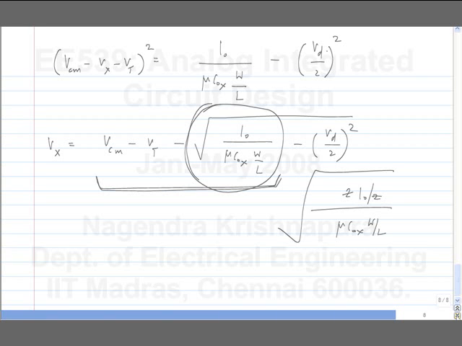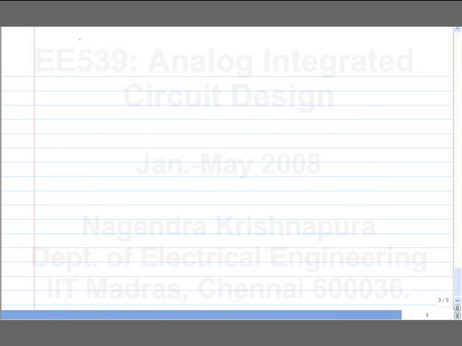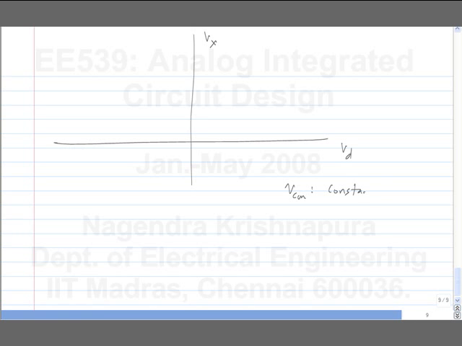So if I plot Vx versus Vd, and in this whole analysis Vcm is assumed to be a constant, obviously, when Vd equals 0, I get Vcm minus Vt minus the overdrive, and it will be some even function.